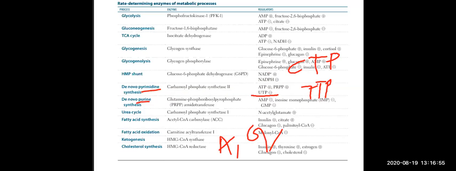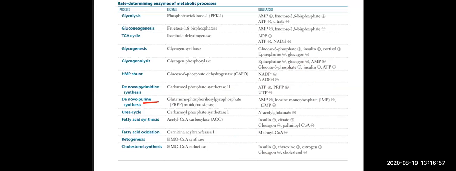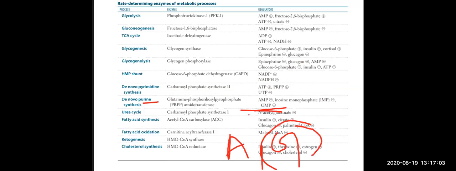So now if you have a look at the regulators of your purines, you will see that I told you A and G. So you see GMP, this will be a product, so it will inhibit this cycle. But A is also present over there, but this is not ATP, this is AMP.